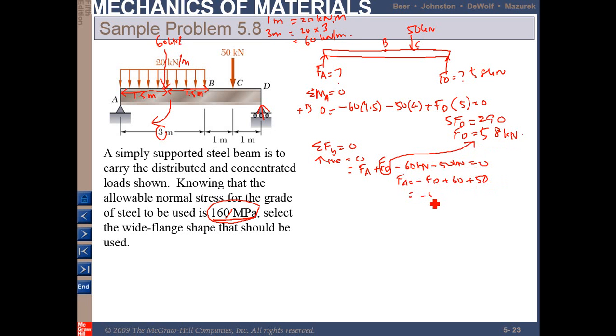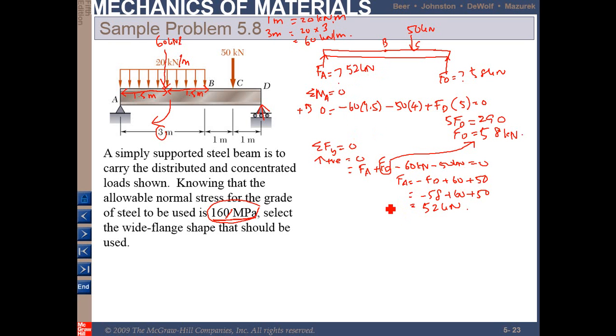So minus 58 plus 60 plus 50, you get 52 kilonewton. So FA is equal to 52 kilonewton.